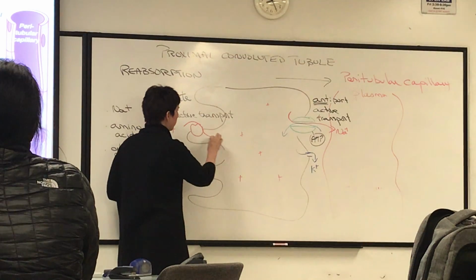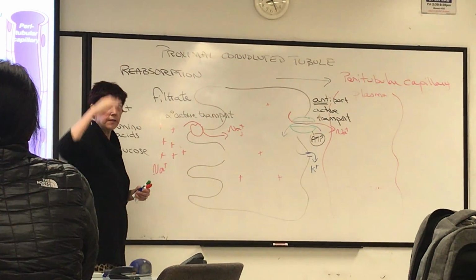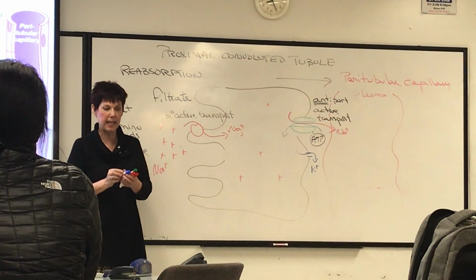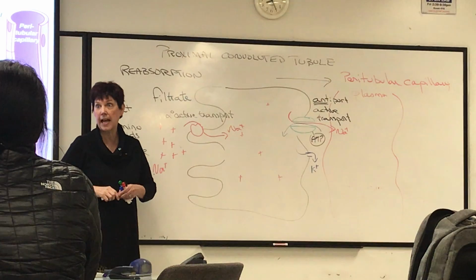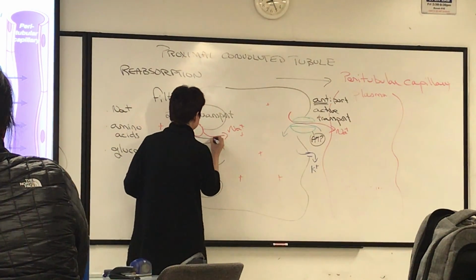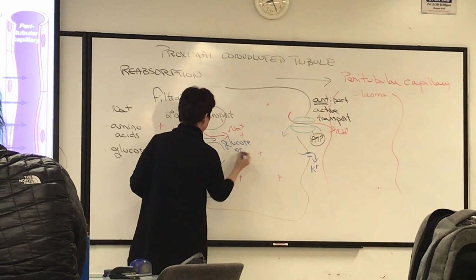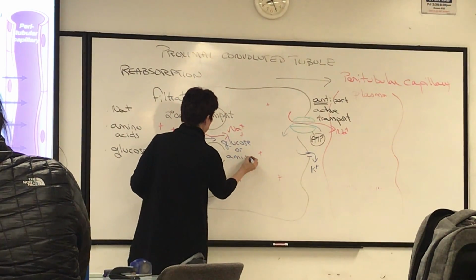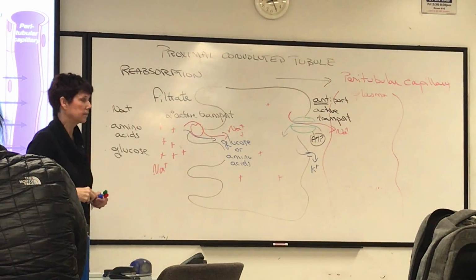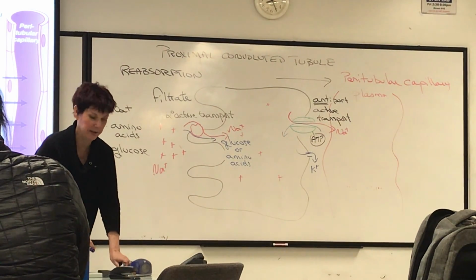So sodium is going to ride that gradient down its high concentration to its low concentration, but it's going to take with it another molecule that would have a harder time going into the cell. And that other molecule is glucose or amino acids. Antiport or symport? Symport.